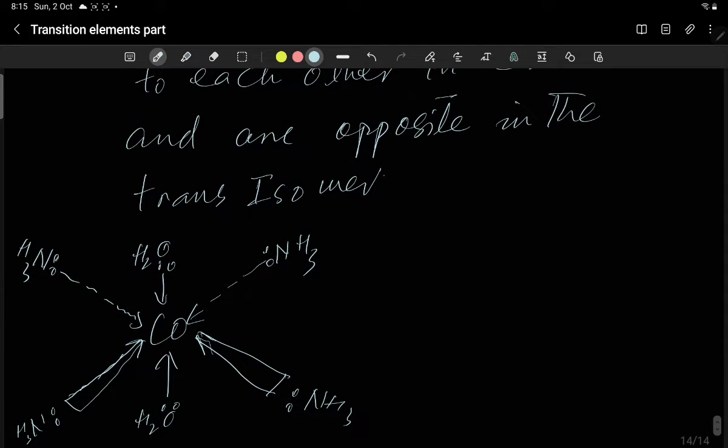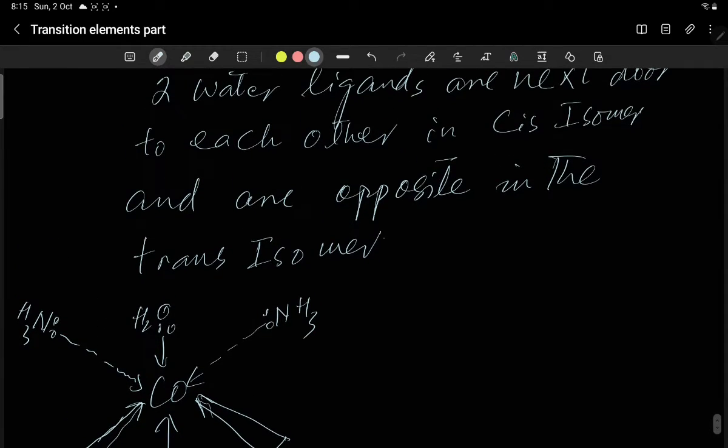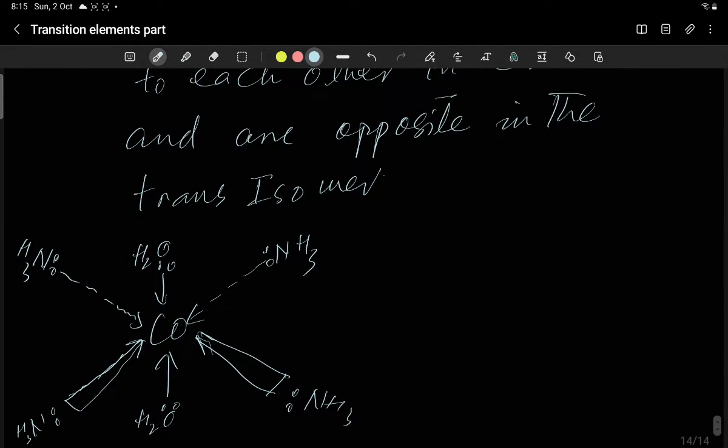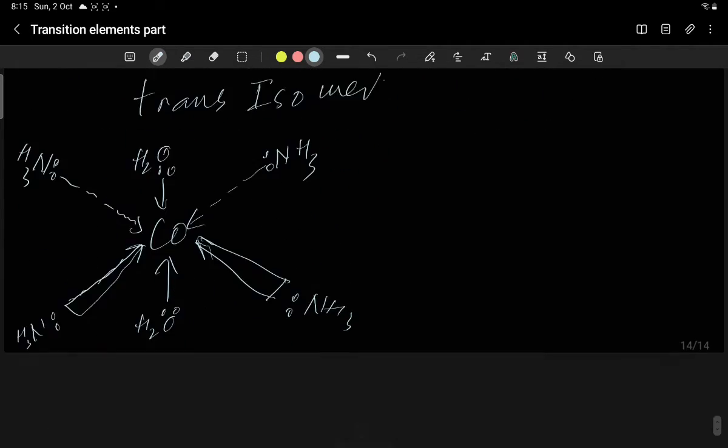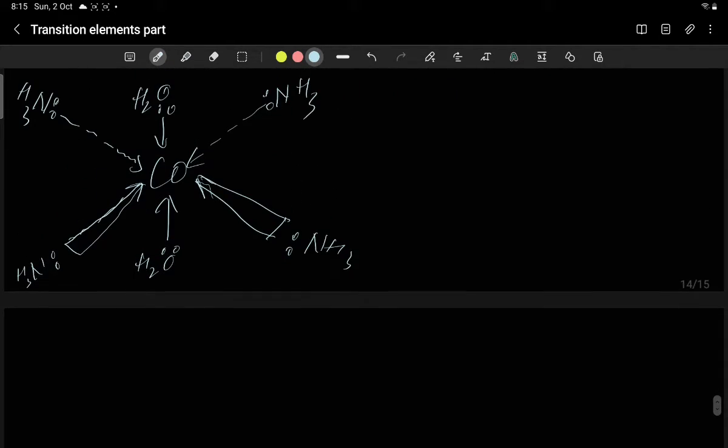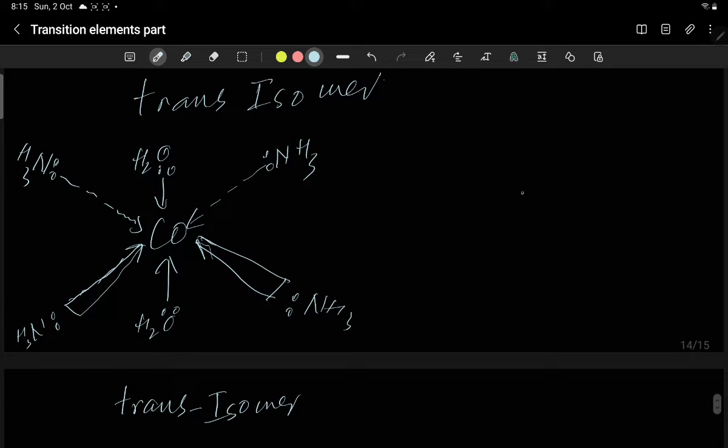This is trans isomer and this is cis isomer.